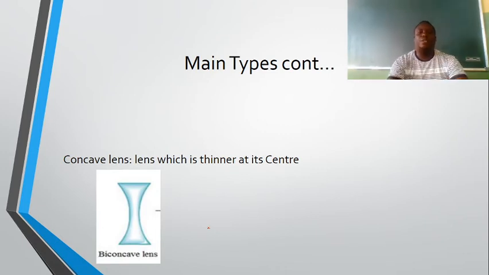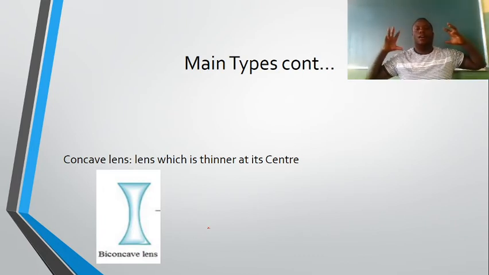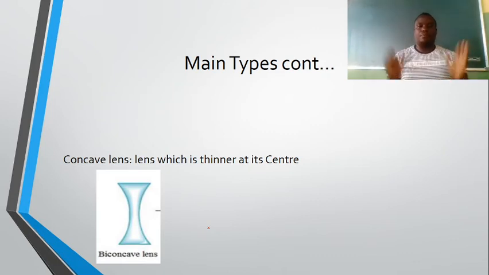You see here the concave lens is totally different from the convex one. It is thinner in the middle, but as we go to the edges, it starts to be thick. Lenses in this shape are called concave lenses.